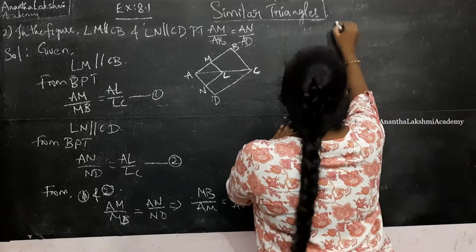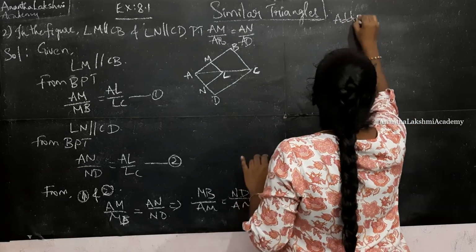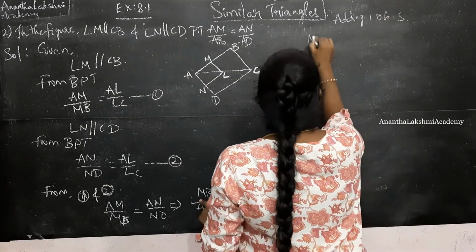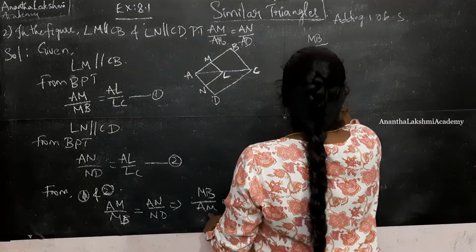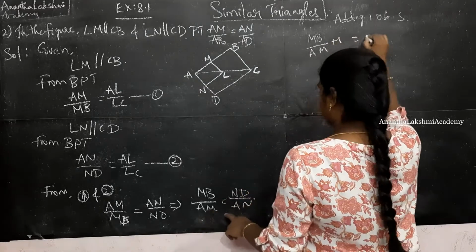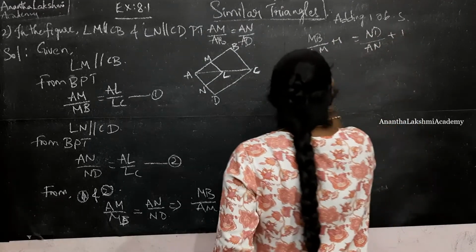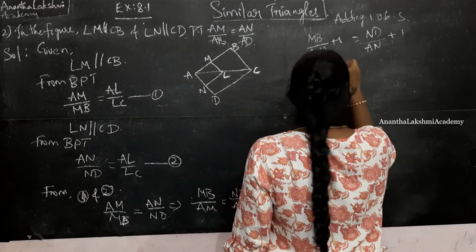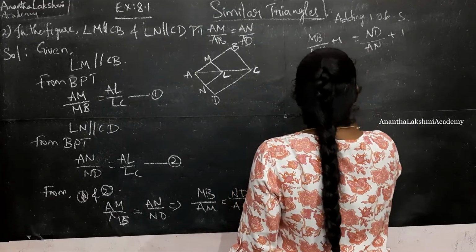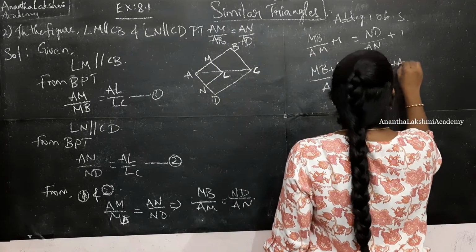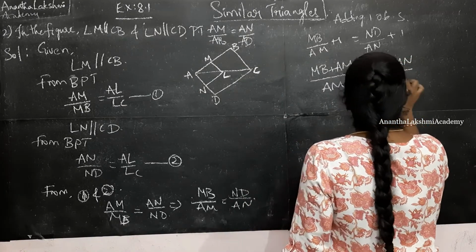Now try adding 1 on both sides. That becomes MB by AM plus 1 is equal to ND by AN plus 1, which is nothing but MB plus AM by AM is equal to ND plus AN by AN.